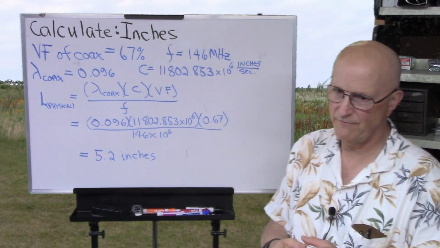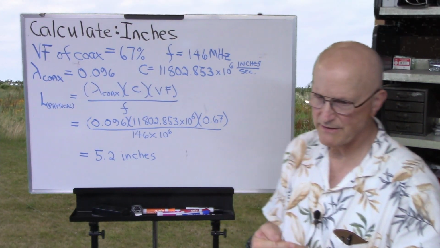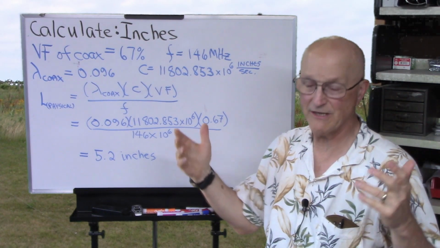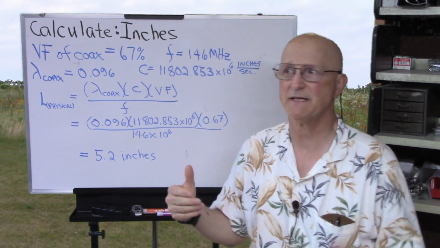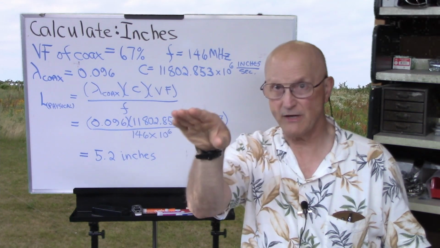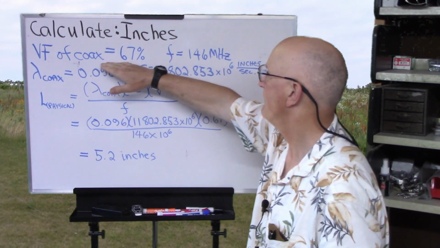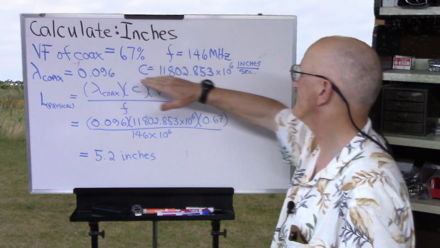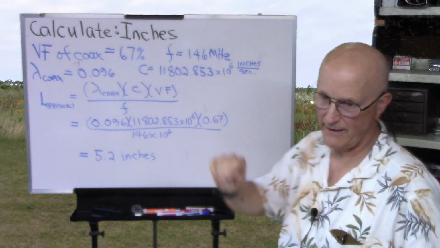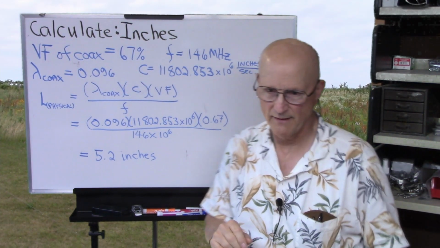And as I said in video number 3 of the series, the physical length of a wavelength in a transmission line depends on how fast that signal can travel down the transmission line, and that is determined by the velocity factor of the coax and the speed of light in inches per second.